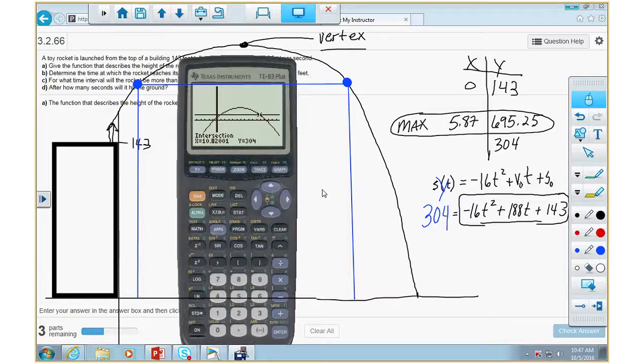If you did it algebraically, negative 16t squared plus 188t plus 143 minus what?